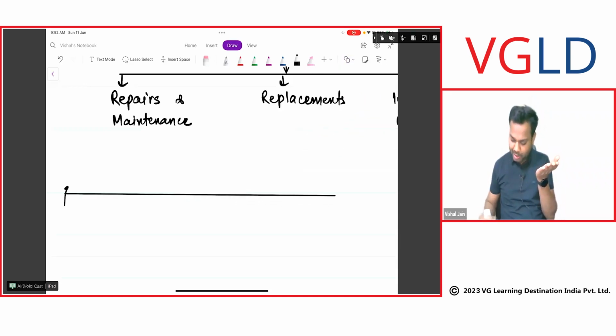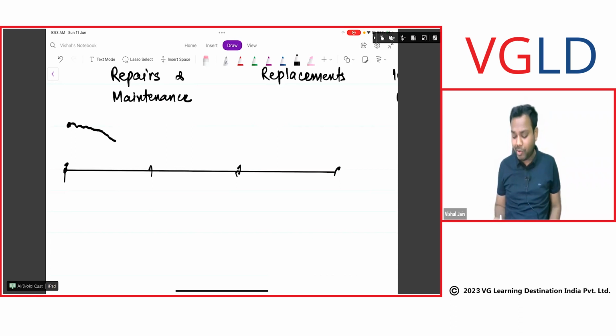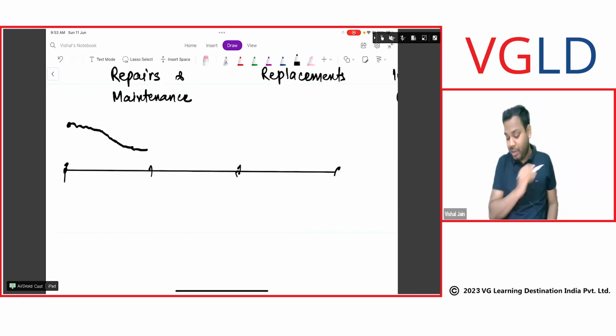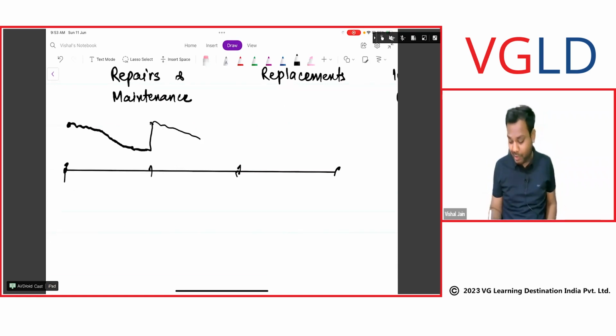I will erase this diagram. If you want to draw with me, you can do it, but I don't think there is a requirement. Let's suppose this is the day when I got my car serviced. Now it will be at the peak of its performance, right? As the 3 months approach, the performance will start to decrease. But when I give it for servicing, again it increases, then again it decreases, again it increases.